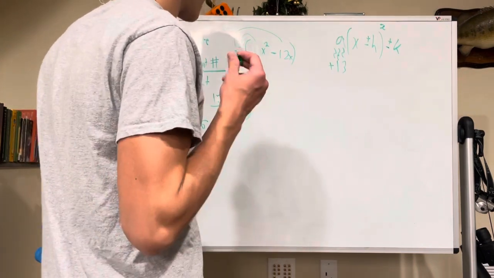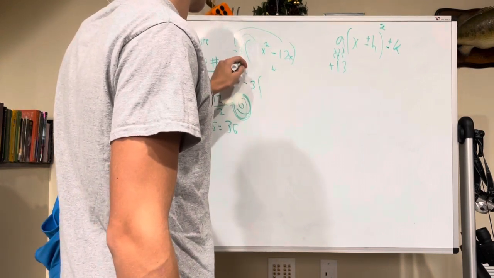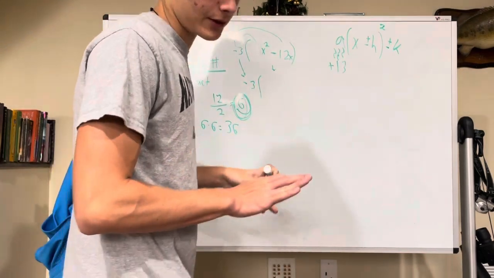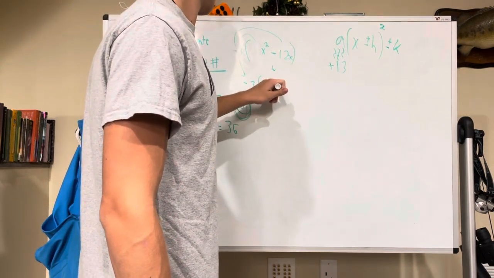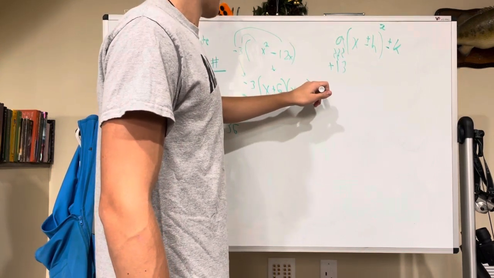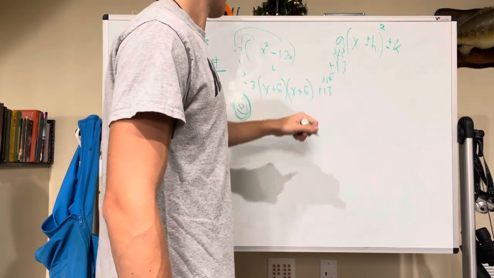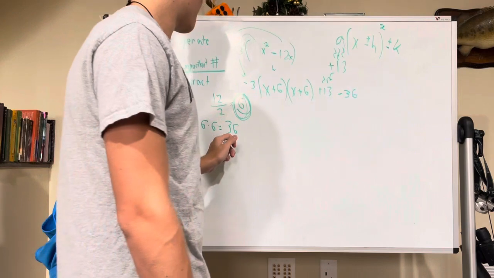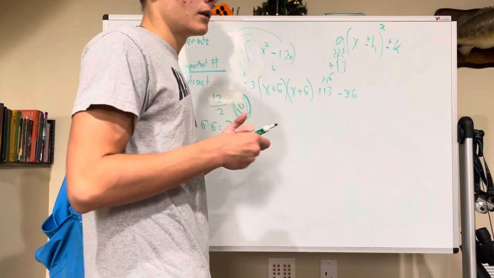Now what you do is that this turns into -3, because that -3 just comes down along with the rest of the equation, but it just stays on the outside, so you don't have to worry about it too much. -3 times x plus 6, x plus 6, plus 13, because that 13 also comes down. It's still pretty stinky, but you just have to deal with it. And then minus 36. You subtract whatever this special number is. You take it away from the equation.